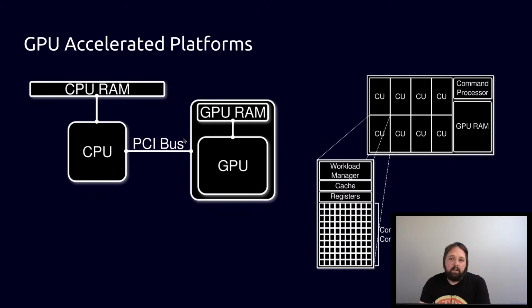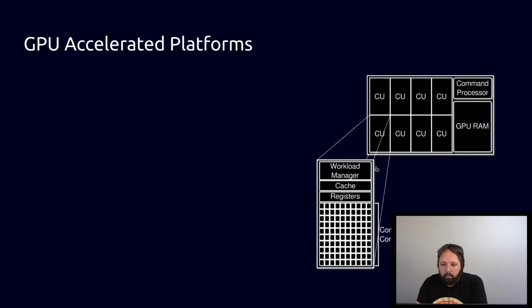And when you move data between CPU and GPU, you have to cross this connection here. And this can be a sore spot for a lot of folks, especially when you're first trying to accelerate your code. You might get some kernels running fast, but moving data between CPU and GPU can overall get you a slowdown. And so we'll talk a little bit about that today with the codelab walkthrough.